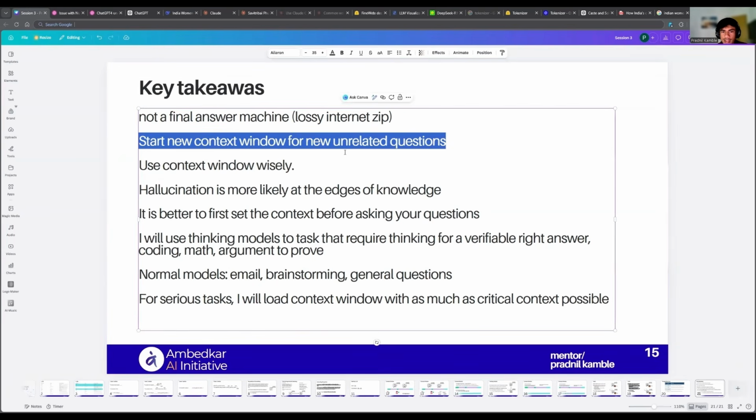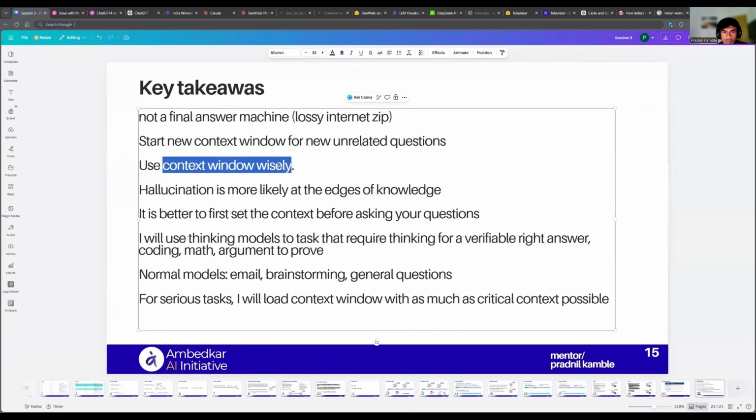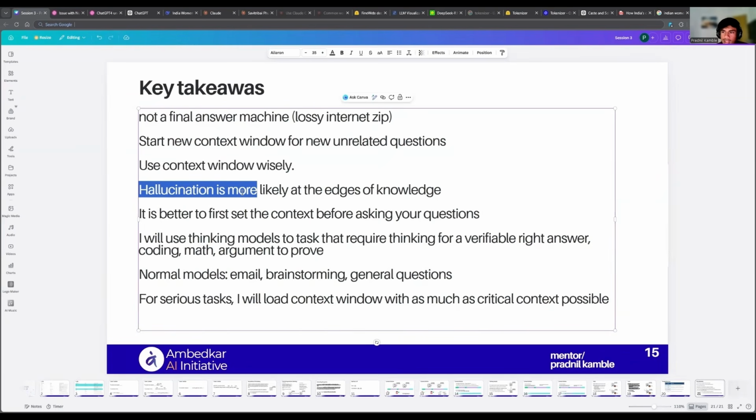Next thing that we learned is that the context window matters, because the context window is really the working memory of our model. So I would always use a new context window to write a new question that is not related to the earlier discussions. Use the context window wisely. Of course, hallucination, which is the model giving wrong answers confidently, is very common and can happen.